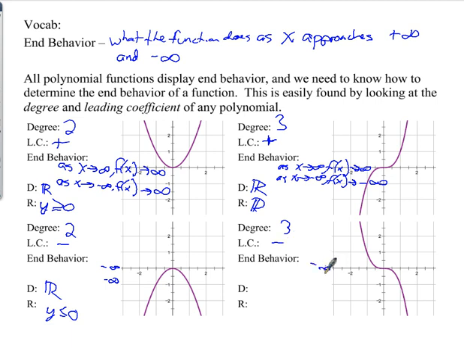So now we have negative infinity and positive infinity. The domain and range are still all real numbers. Okay, so this example just illustrates that the degree dictates what type of graph shape you have. The leading coefficient dictates how it behaves from one side to the other.